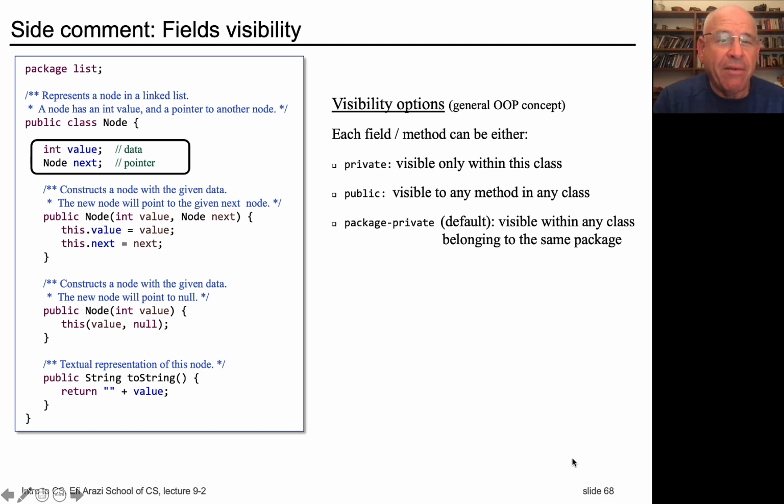And yet, users or client code outside the package will not be able to access these fields. So that's what we did in the implementation of the list package, and it works very well here, and it can serve you well in other situations as well. So this is a very general feature of the language, and we'll use it again in some of the next lectures.